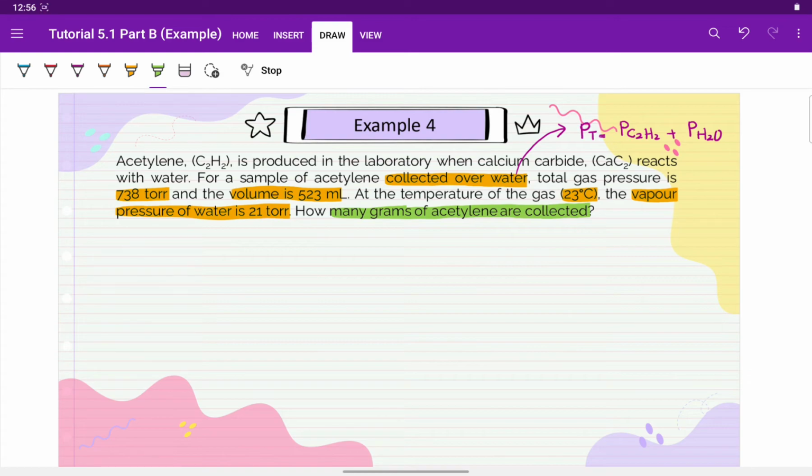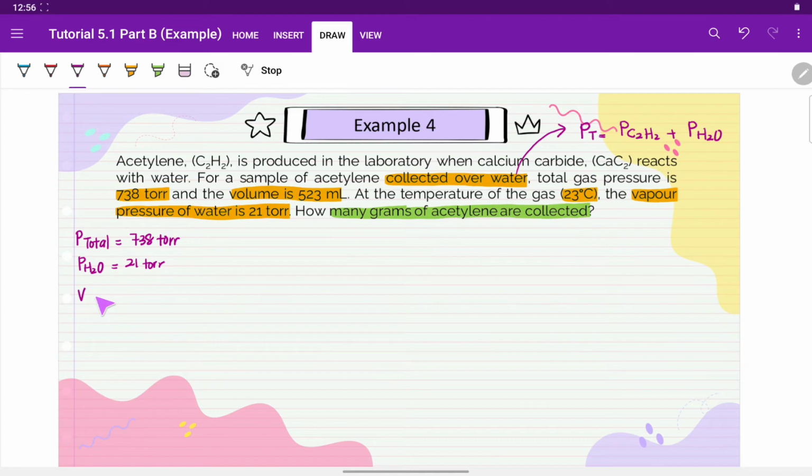Okay. Kita keluarkan dulu information yang kita ada tadi. So, first kita ada P total. Okay. So, P total tadi adalah 738. Ini P total yang kita collect over water. Okay. Kemudian, dia bagi pula dekat kita dekat sini. Saya tulis yang pressure dulu. Okay. Dia bagi tadi partial water vapor punya pressure adalah 21 torr. Okay. Kemudian given to us the volume.